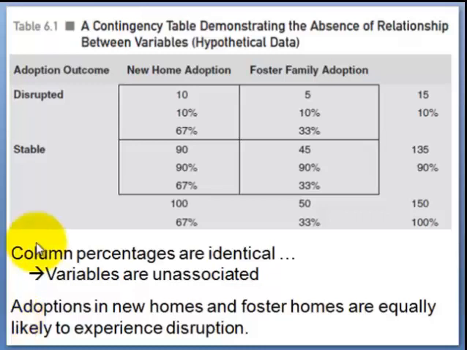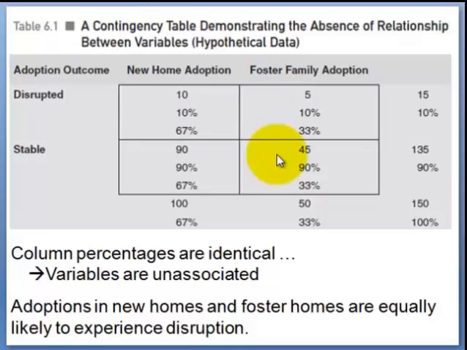It doesn't help to focus on the frequencies, which is to say the numbers. You know, the numbers of new home adoptions are larger than are the numbers of foster family adoptions. So were you to try to focus on the cell frequencies, the numbers, you'd have 10 and 90 and 5 and 45. So the cell numbers don't get at relationship.